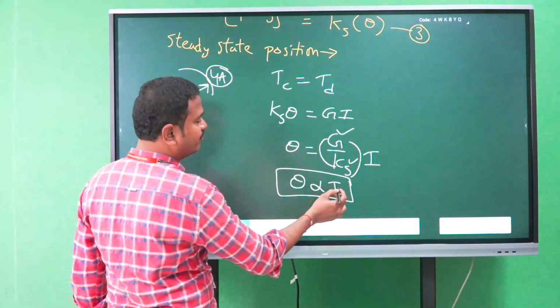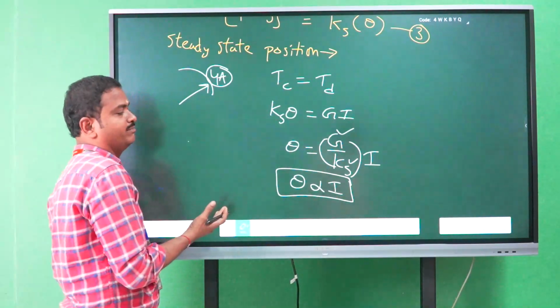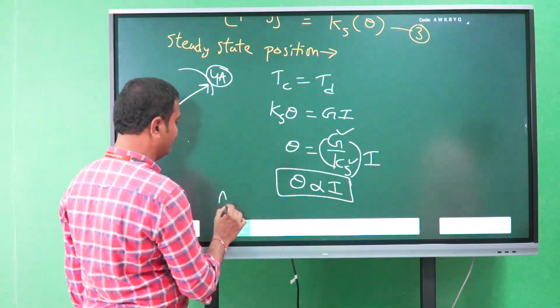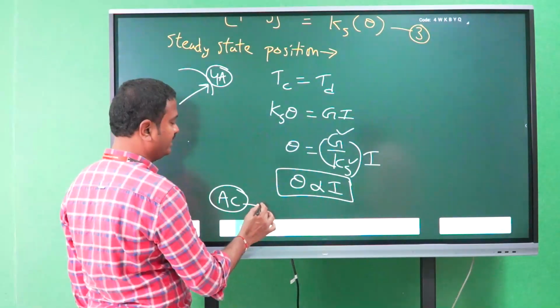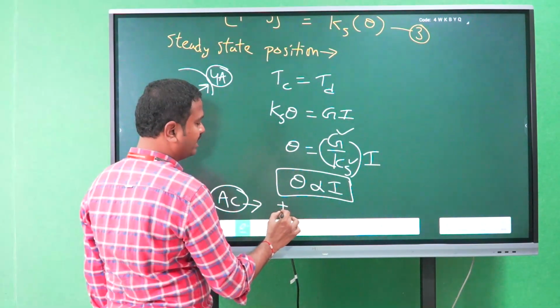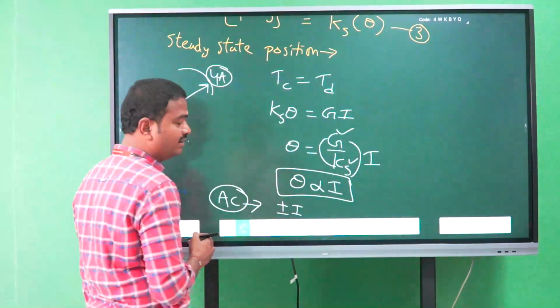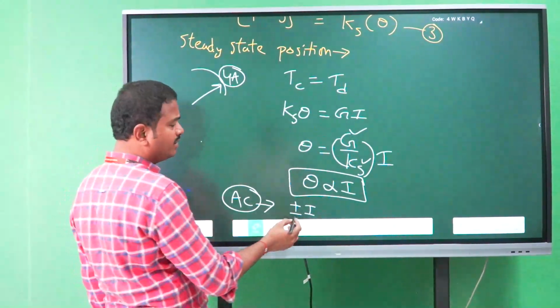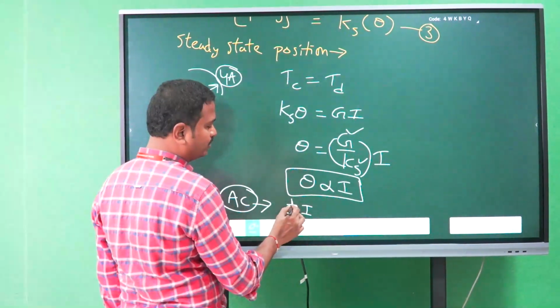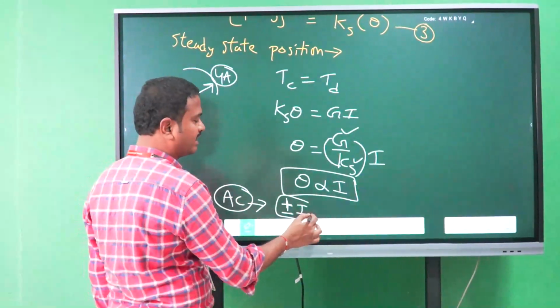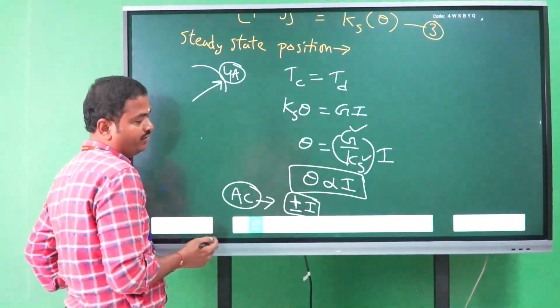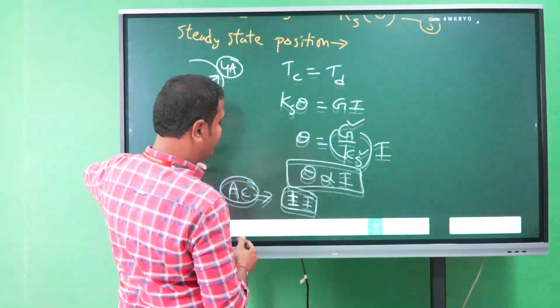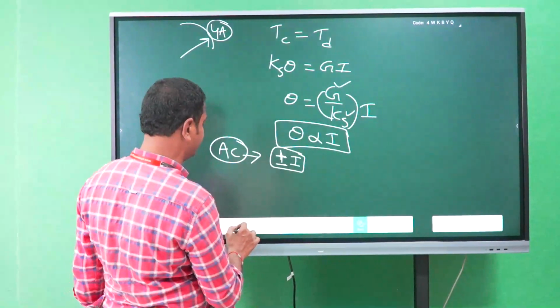So here, if we connect this PMMC instrument in AC supply, then positive peak and negative peak both are there for the AC current. So if we consider the average value, then what is the average value for pure AC?